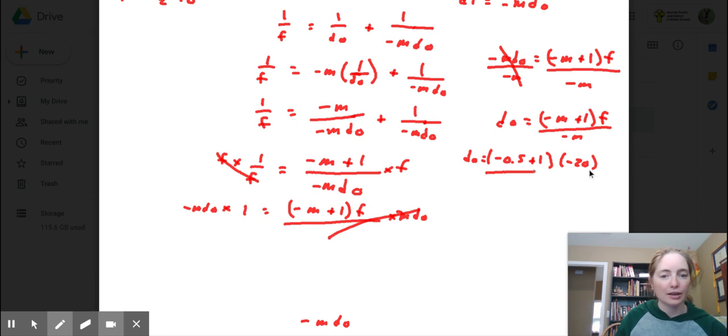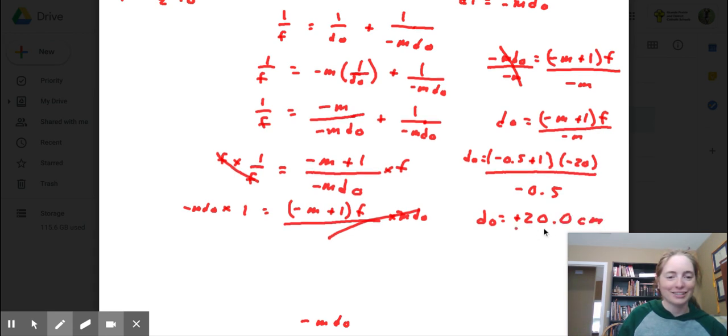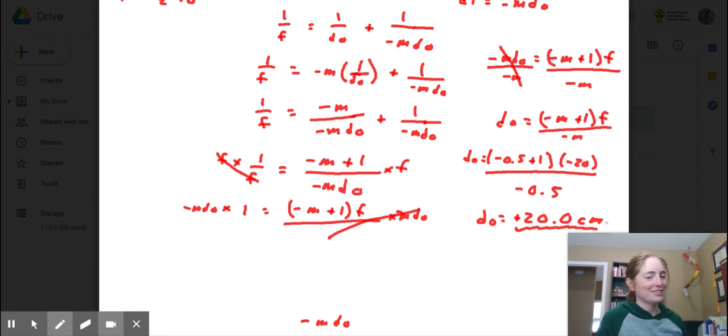And I am then going to divide this value by my negative m, which is 0.5. And I am going to finally get my DO of positive 20.0 centimeters. Okay, so that means the distance that I have to place this object is 20 centimeters in front of the lens to get the desired image.